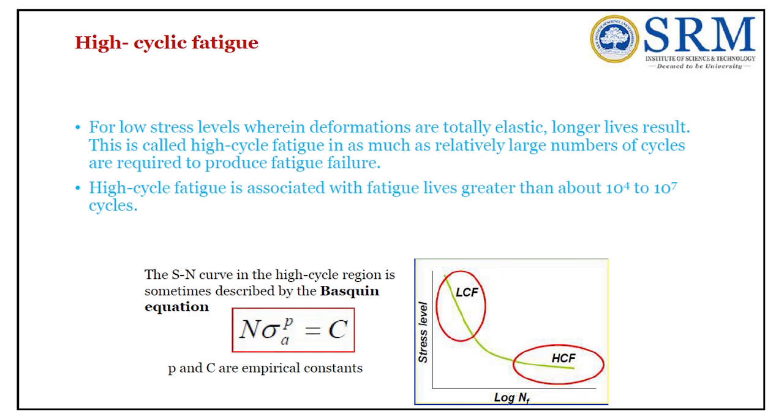At higher stress level, you can see low cycle fatigue, LCF, where the number of cycles to failure is very less. High cycle fatigue is associated with fatigue lives greater than 10 power 4 to 10 power 7 cycles.